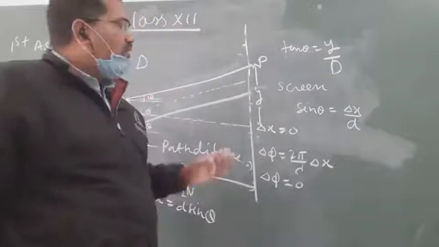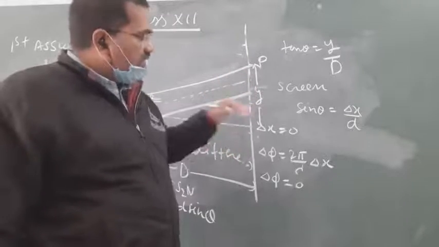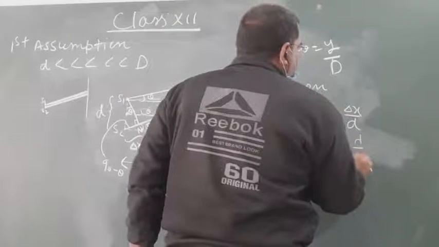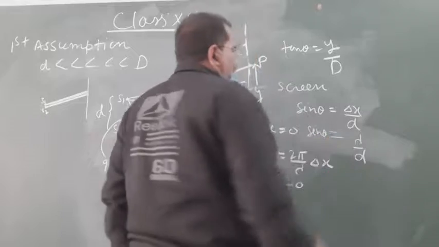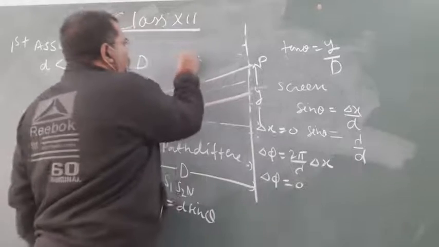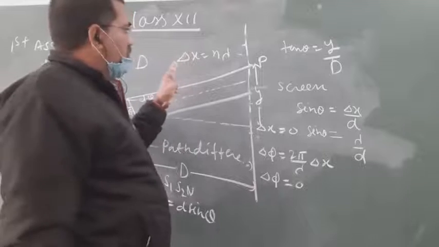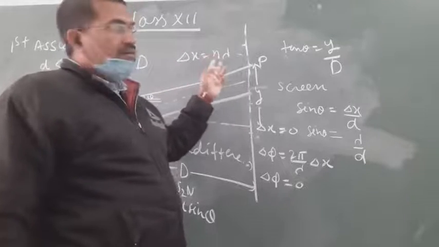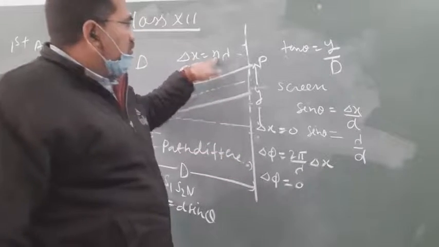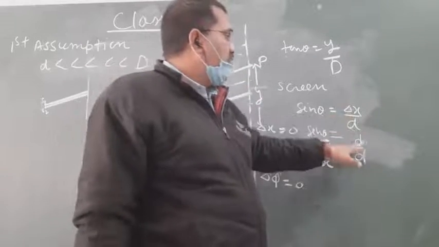If we want to get the position of the first maxima from the central maxima, then we will get delta x equal to lambda, and the path difference for maxima is n lambda. Path difference between two waves will be n lambda for maxima. So for the first maxima, we put n equal to 1, then we get delta x equal to lambda.